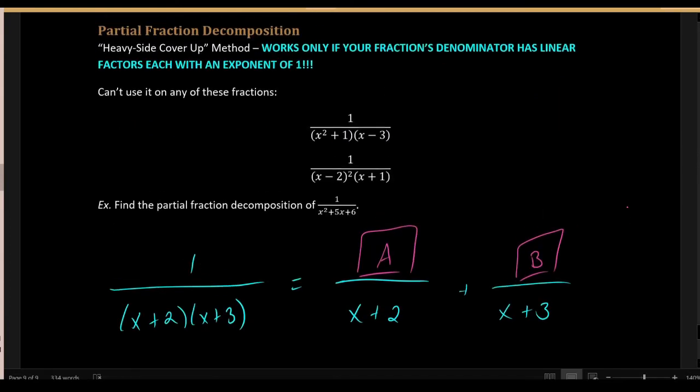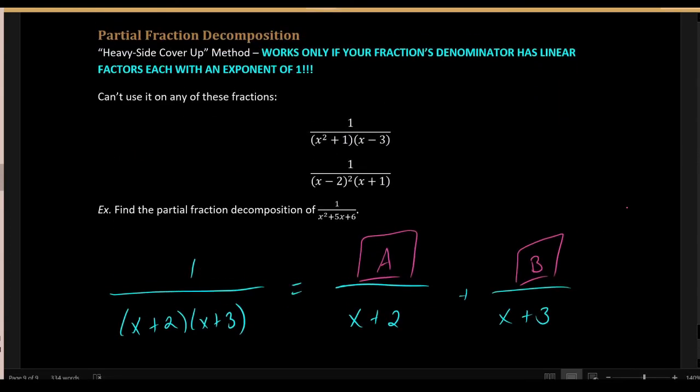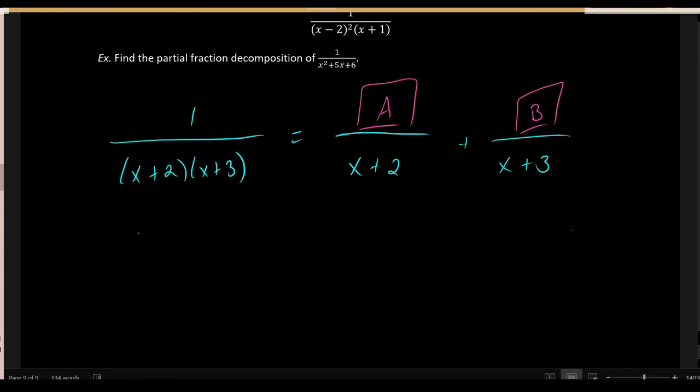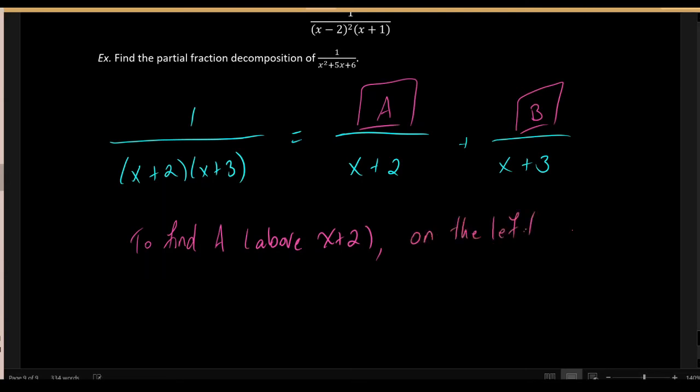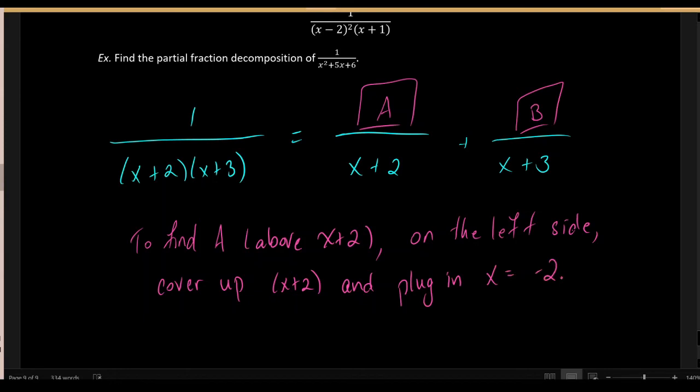But the shortcut that I'm about to show you, the Heaviside cover-up method, says to find a, which is above x plus 2, on the left side, cover up the factor x plus 2 and plug in x equals the opposite, -2.